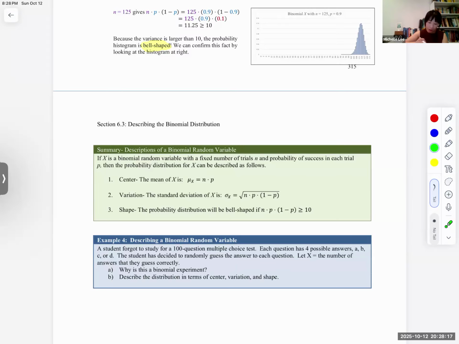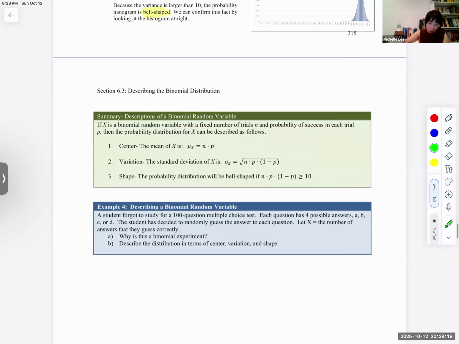Okay, let us do this question. A student forgot to study for a 100 question multiple choice test. Each question has 4 possible answers, A, B, C, D. The student has decided to randomly guess the answer to each question.